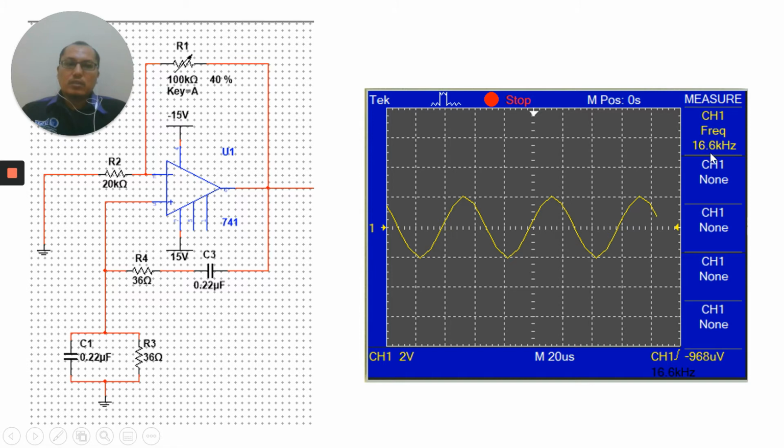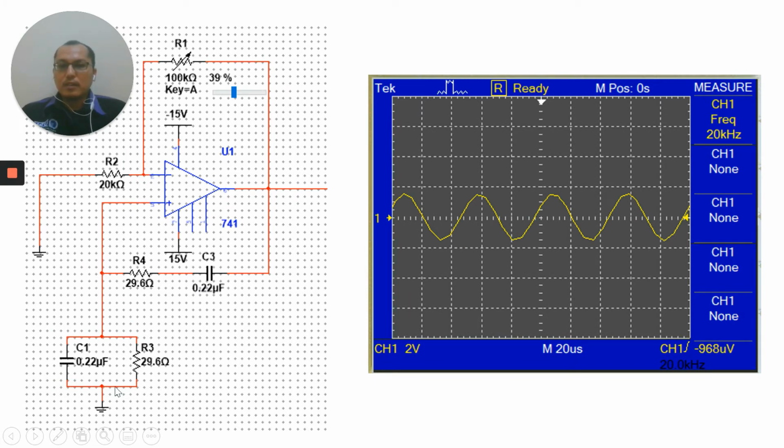This frequency does not fulfill the requirement, which is a frequency of 20 kilohertz. Then we decrease the value of R in the positive feedback loop to 29.6 ohm.